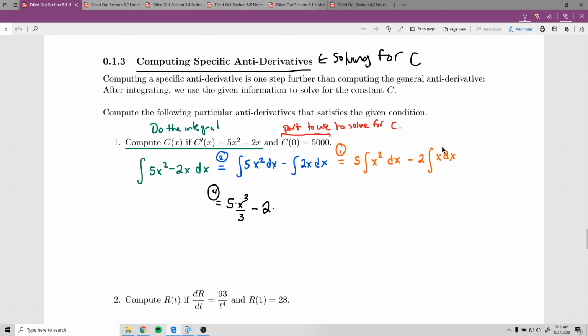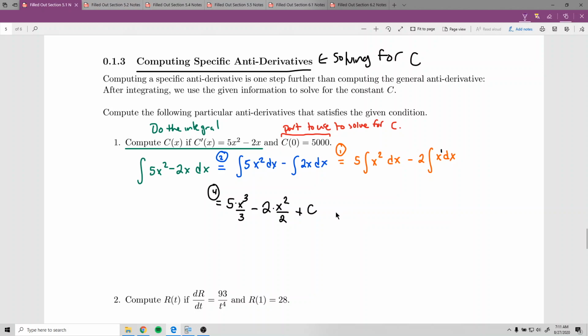When we integrate x, that's like x to the 1 power. When we add 1 to 1, we get 2 and divide by 2, our new power. And then we add plus C. If you didn't have this plus C here, it would be impossible to solve for C. You wouldn't have it in your equation. That's why it's so important.